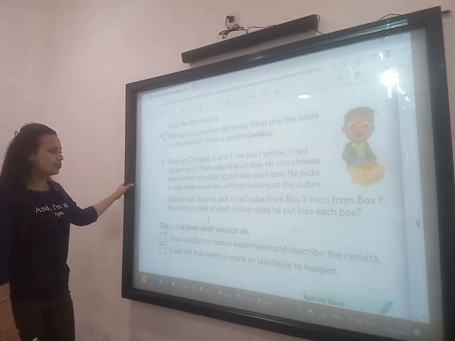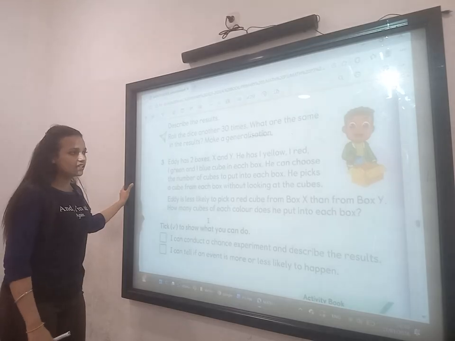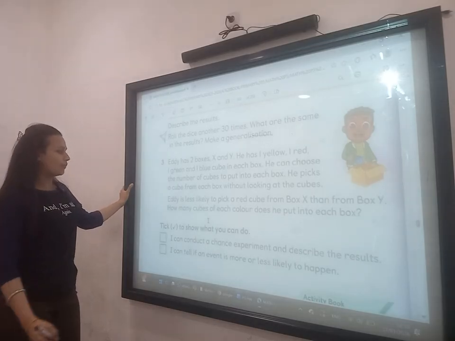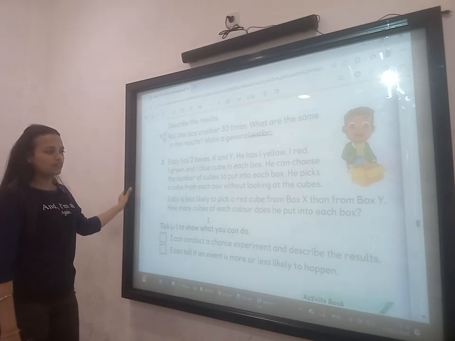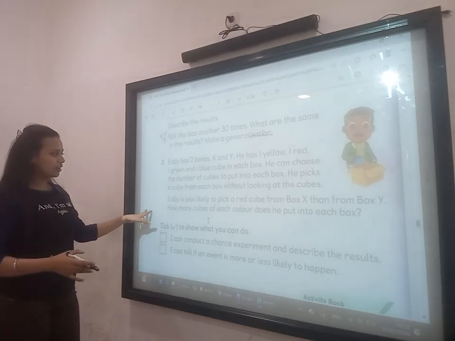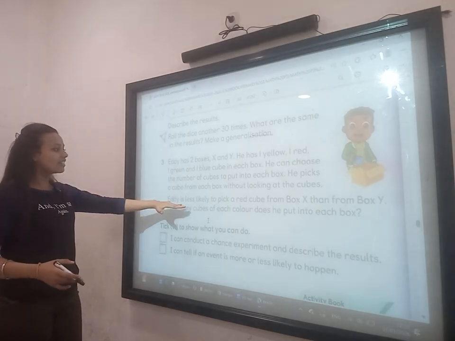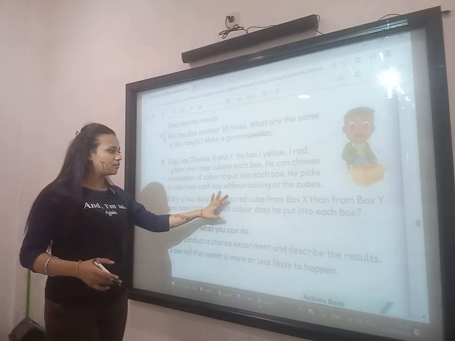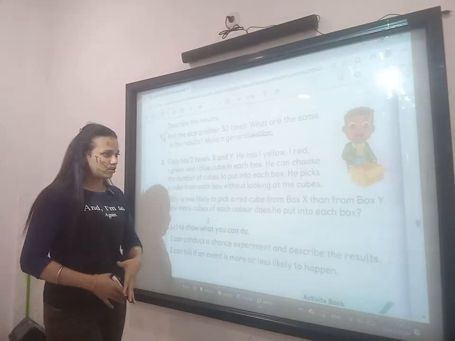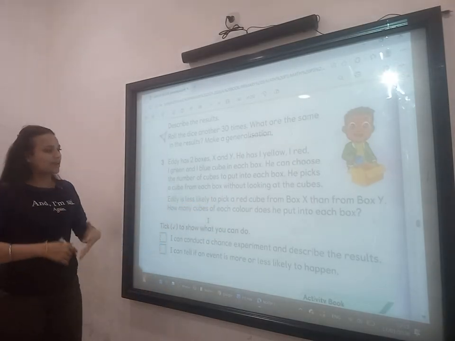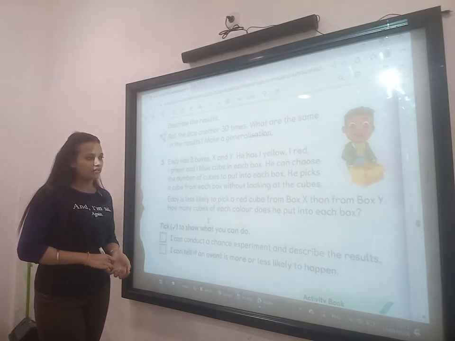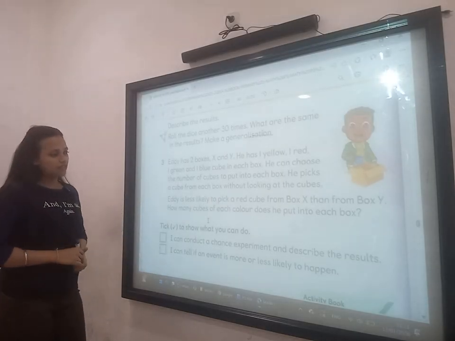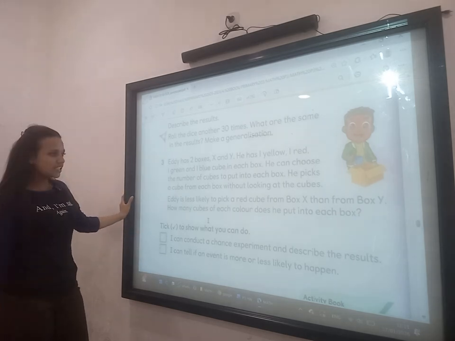Eddie is less likely to pick a red cube from box X than from box Y. How many cubes of each color does he put into each box? So the clue here is that Eddie is less likely to pick a red cube from box X than box Y. So we can predict the answer. I will just give you an example.